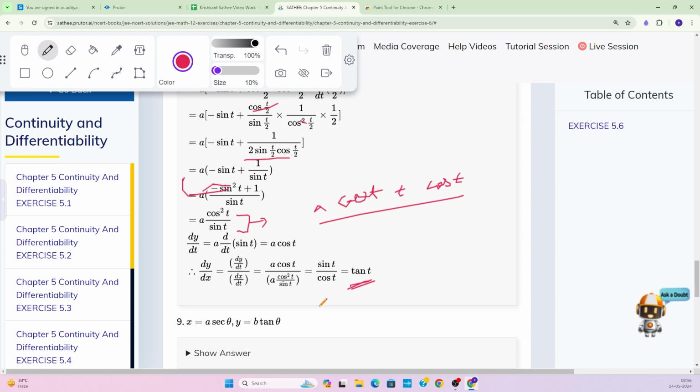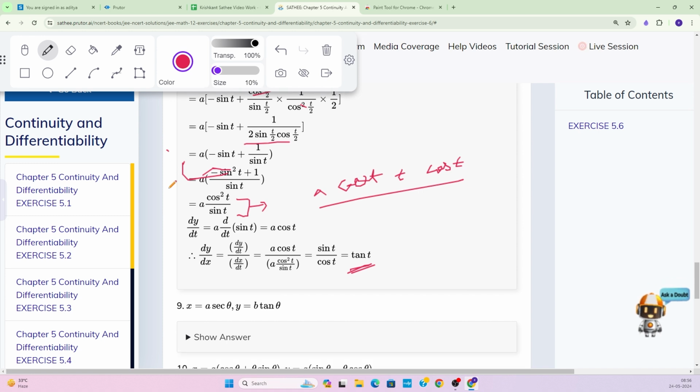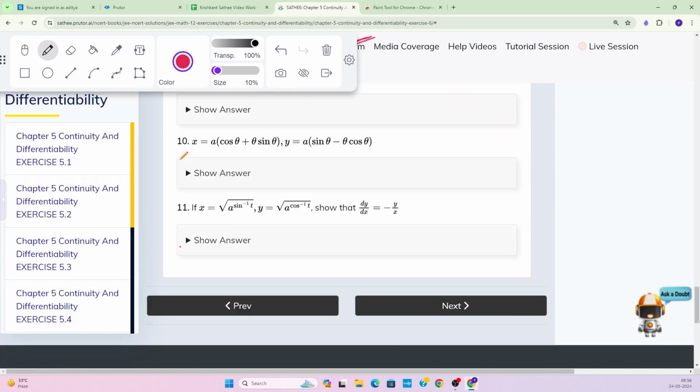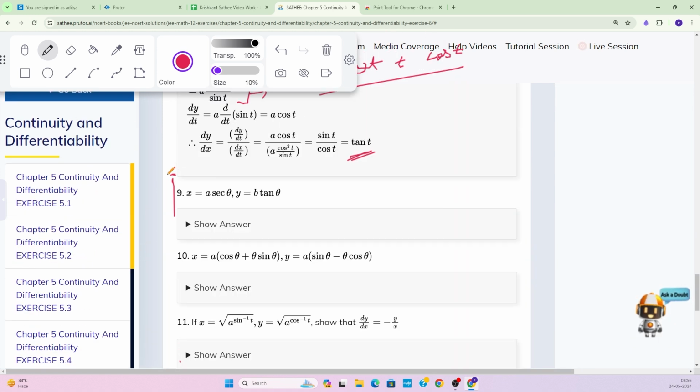Okay, very simple. Okay, now let us move to the next problem. Okay, ninth problem. x is equal to a sec theta and y is equal to b tan theta.